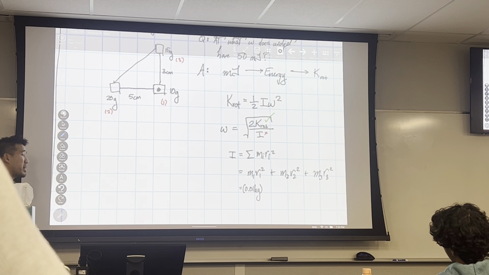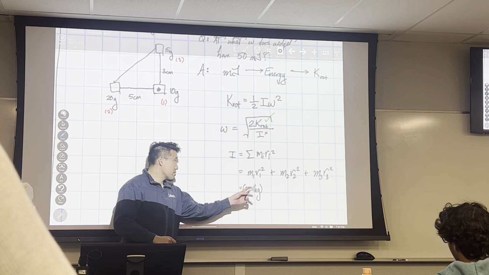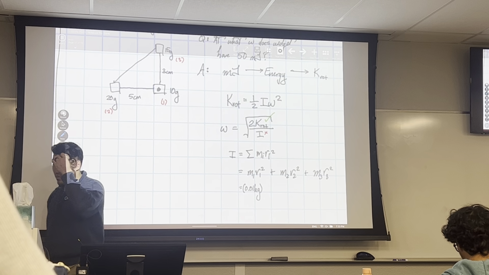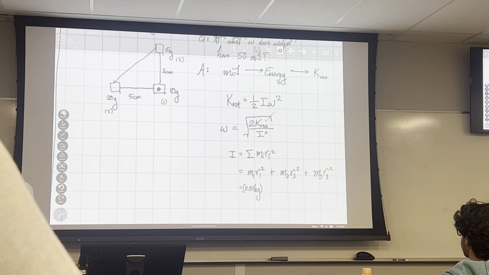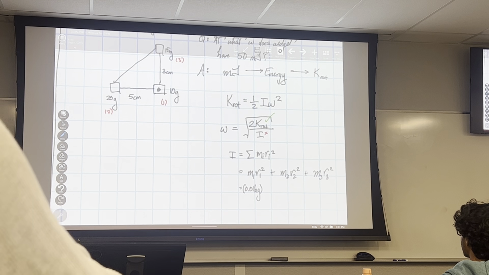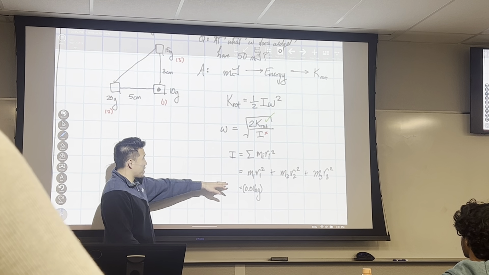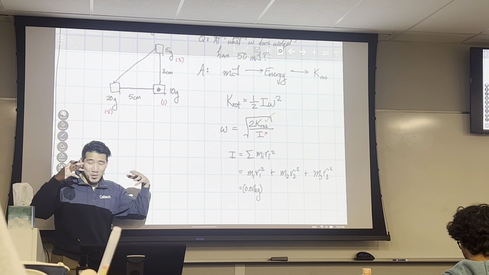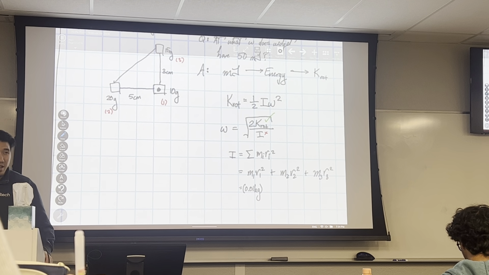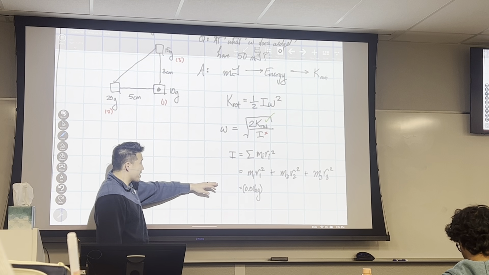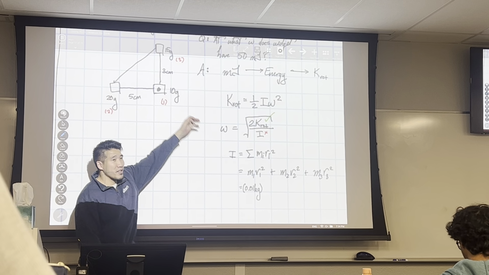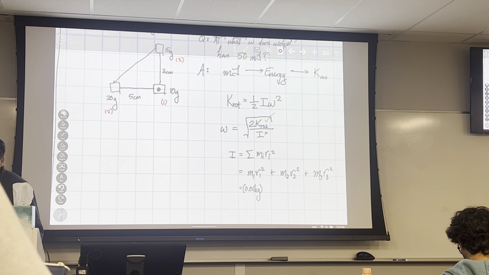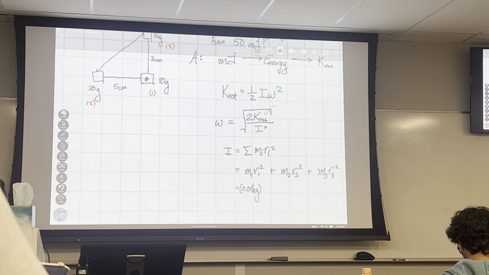What would r1 be? 0, yes. Remember, we need to be precise about what that is. You have to think about what's going on. r1 is how far it is from the pivot point, and in this case, r1 is the pivot point. So it is 0.